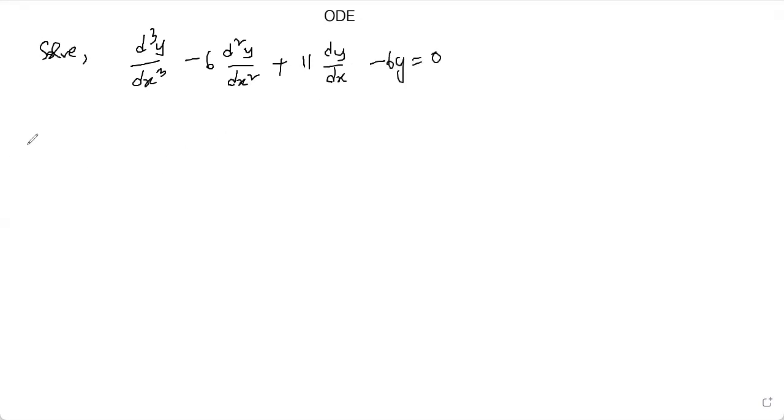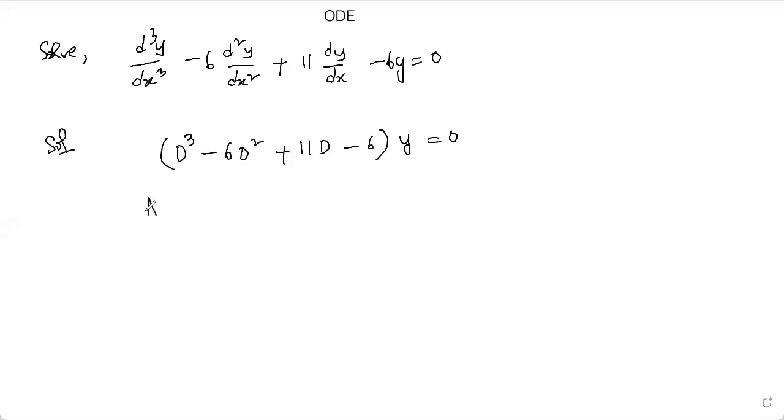So this will be (D cube minus 6D square plus 11D minus 6) y is equal to 0. So the given equation can be written like this.